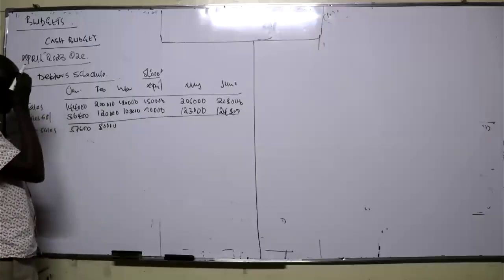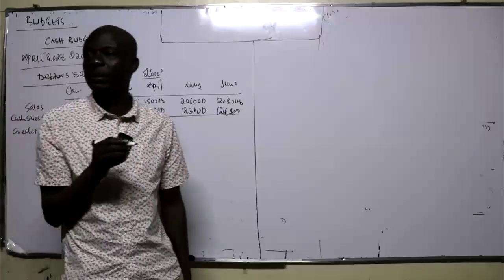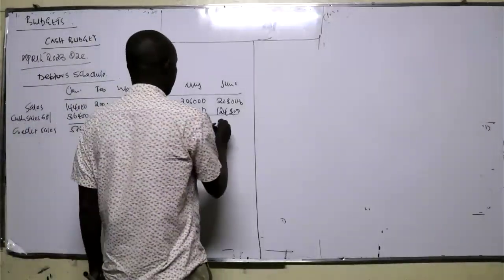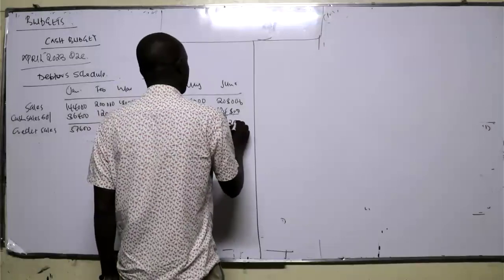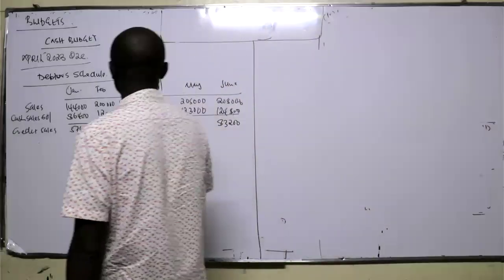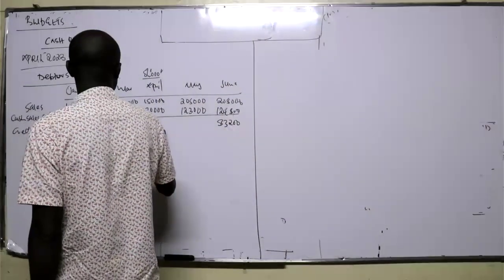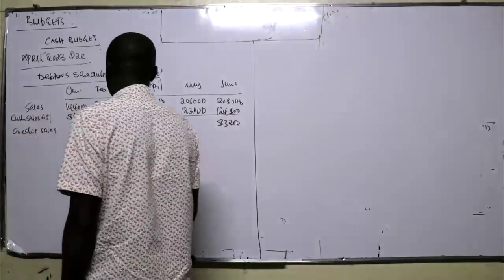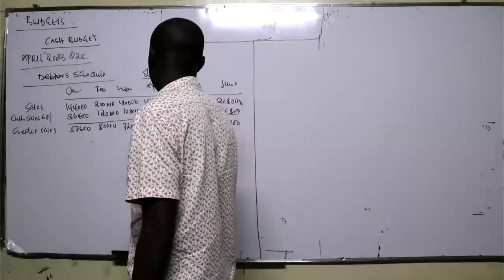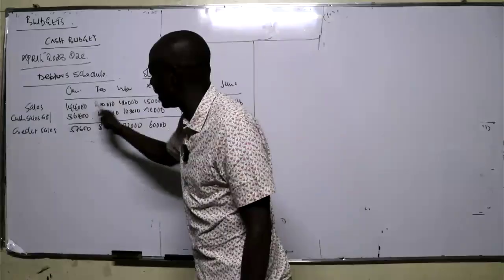And the other one, June, 83,200. Then next, March, 72,000. April, 60,000. And this one, 82.